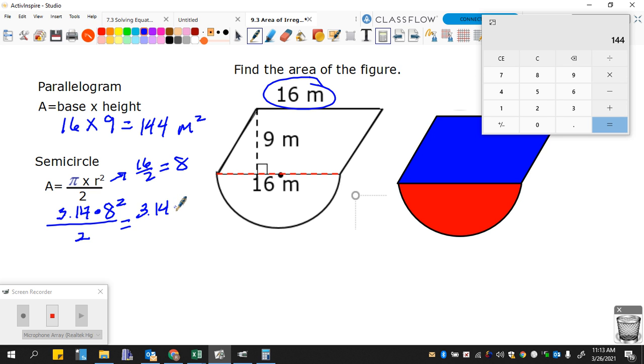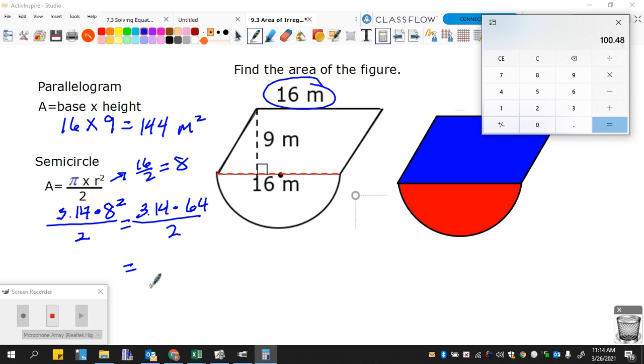I know 8 times 8 is 64. Okay, and then take that divided by 2. So we're going to go 3.14 times 64. That answer is 200.96, and divide by 2. It's important that you hit the equal sign for this top one.